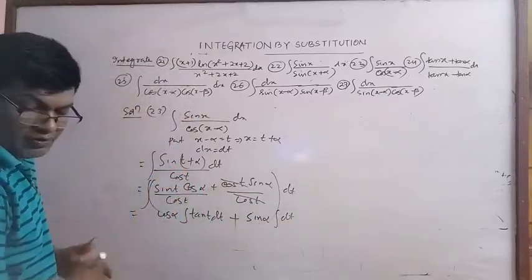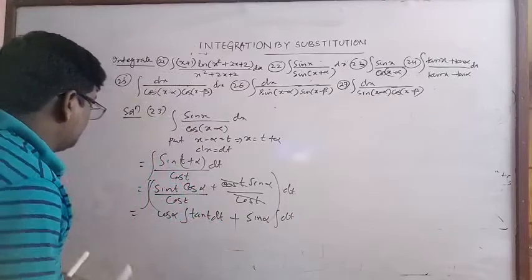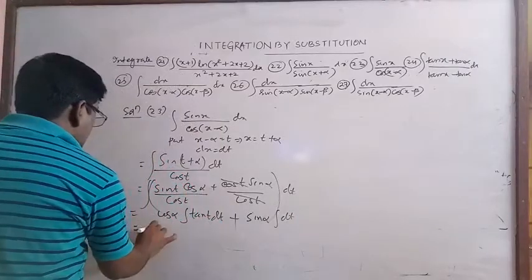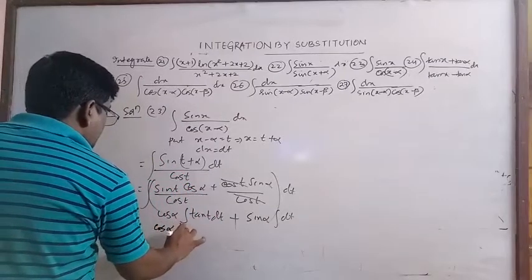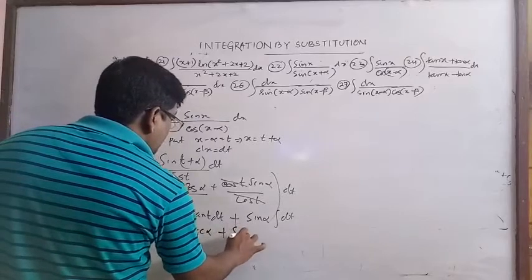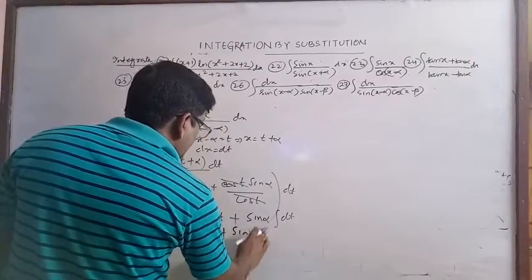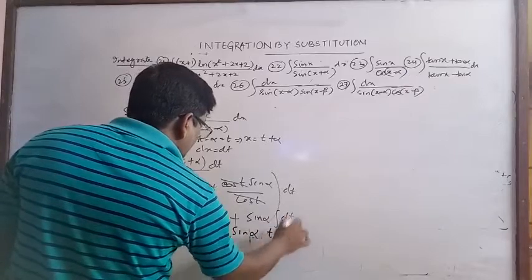Now the integration of tan t is log sec t. So cos alpha into log sec t plus sin alpha into the integration of dt, which is t, plus c.